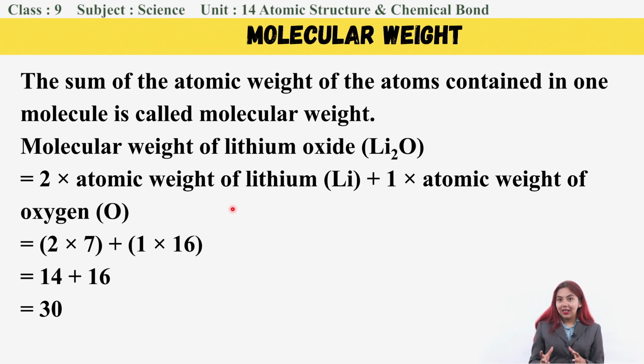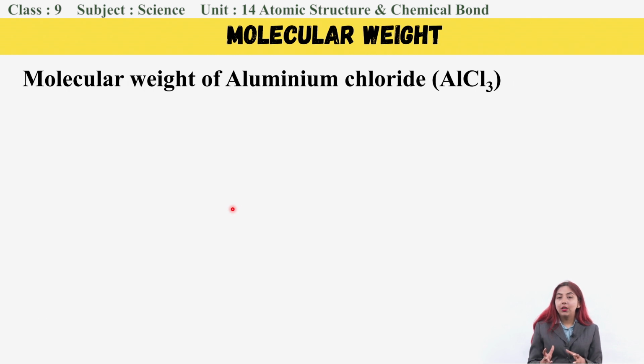Now, let us take another example to find the molecular weight of other molecules. Aluminium chloride has the molecular formula AlCl3. From here you can see that to form a molecule of aluminium chloride, we need 1 atom of aluminium and 3 atoms of chlorine.